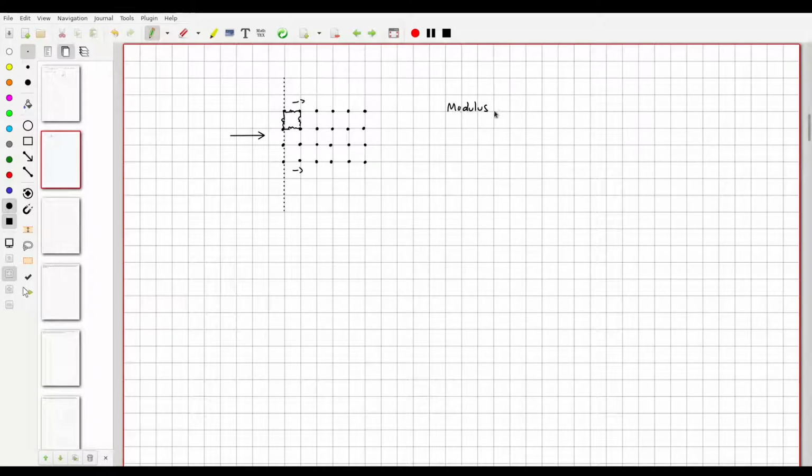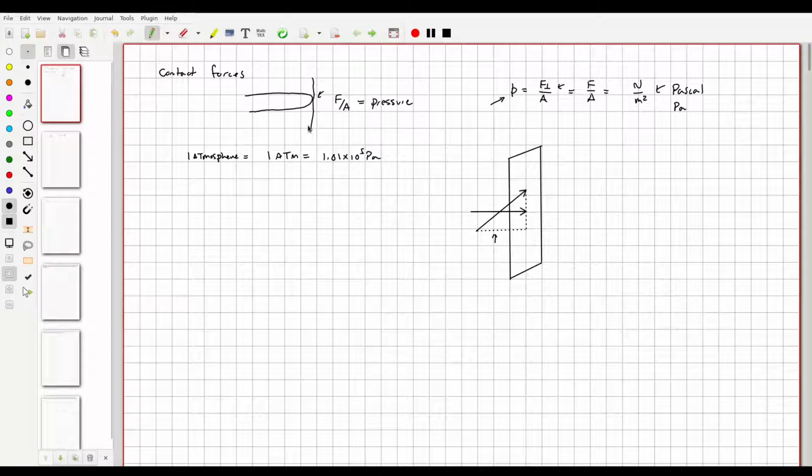And in general, a modulus is defined as what we call stress over strain. Now, stress is basically what you're doing to the material in an effort to get it to change its shape. Here, since we're looking at a more realistic way of thinking about contact forces, we're talking about force being distributed over an area, or pressure.